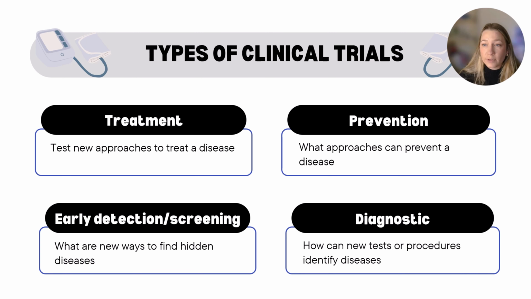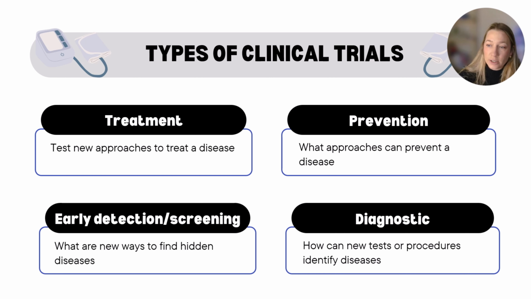There are several different kinds of clinical trials, each with their own purpose. Treatment trials test new ways to treat a disease, often comparing them to existing therapies. Prevention trials look at strategies to prevent illness, especially in at-risk populations. Early detection or screening trials help find diseases earlier, at more treatable stages.